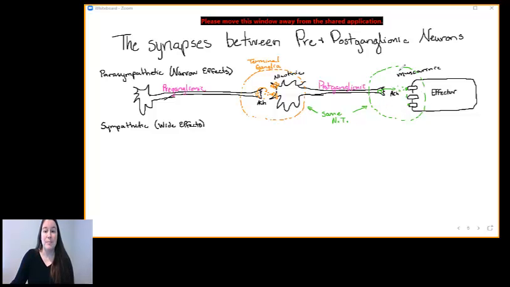In the synapse between the postganglionic neuron and the effector, more acetylcholine is released to bind to the muscarinic receptors found on the effector organ. So this summarizes the methodology behind the synapse sequence in a parasympathetic neuron, the two synapses in the parasympathetic system.